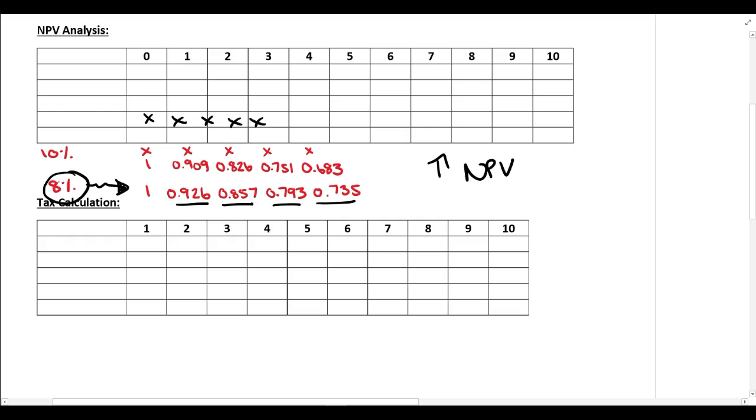So a lower discount rate means that they require a lower return from the project. And if they require a lower return from the project, the NPV will increase because you can see your present value factors over here are going to increase.